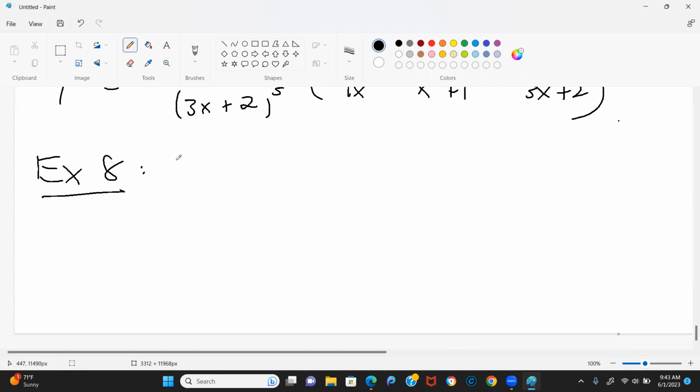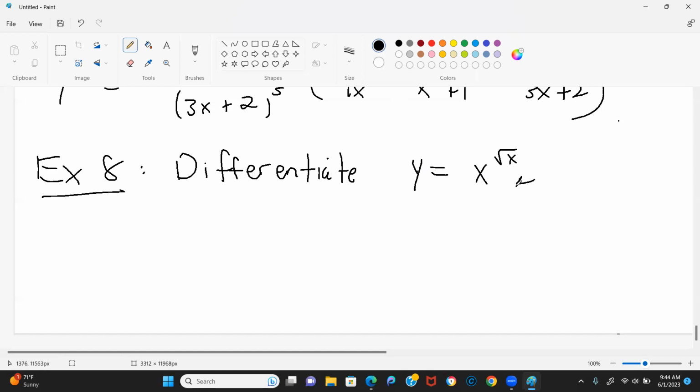Let's see, so we want to differentiate y is equal to, sorry, not square root of x. It's going to be x raised to the square root of x power. So I don't think any of the rules we've learned will allow us to compute this derivative. I think you have to use logarithmic differentiation.